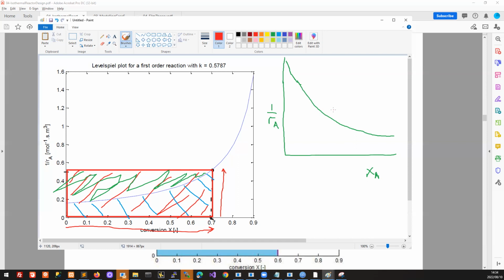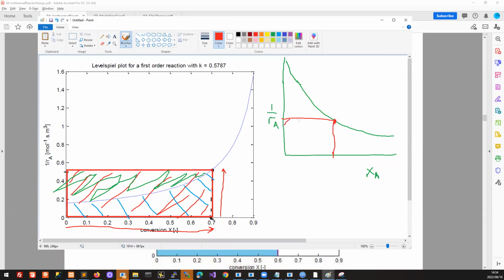Taking a rectangular block from the Levenspiel plot, I can observe that the lower part has more volume, or more area, I mean, than the upper part.